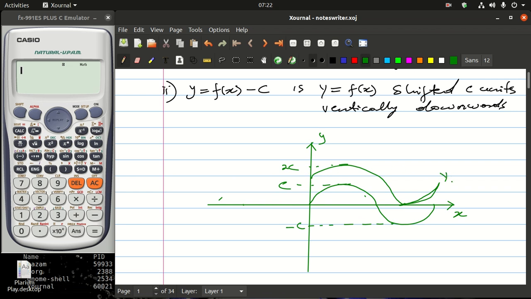If this one was y is equal to f of x, this function here is going to be y is equal to f of x plus c. So I've pushed this curve up by c units.